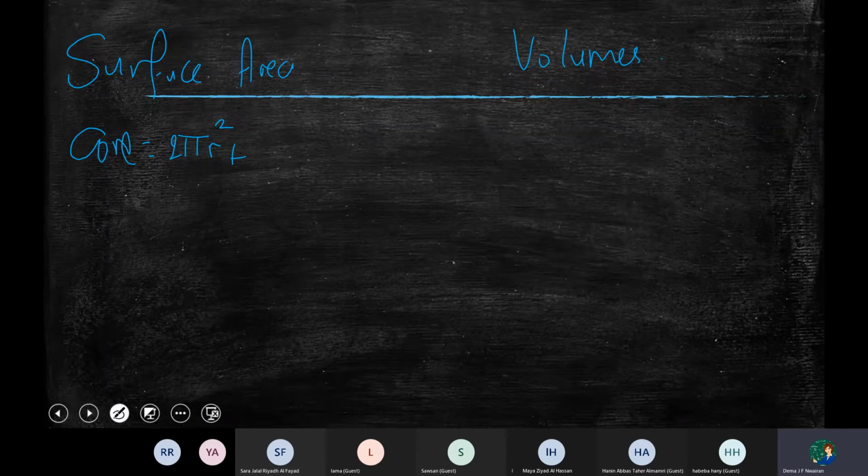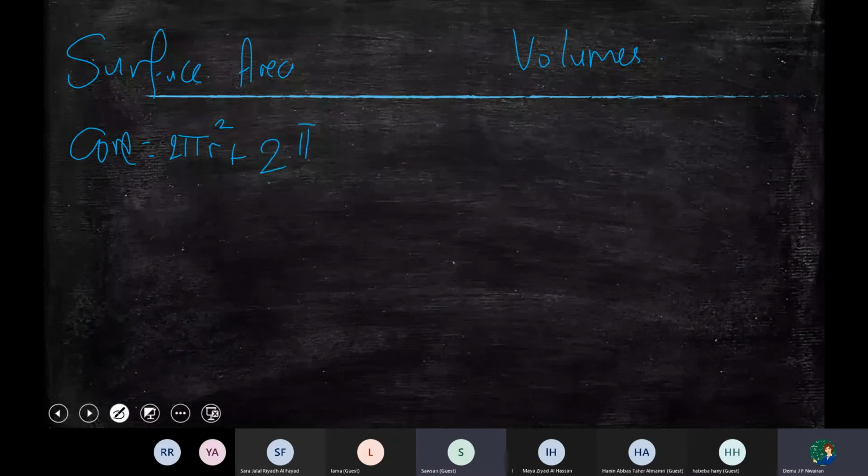What is the lateral area of the cone? 2 pi r multiplied by the slant height.